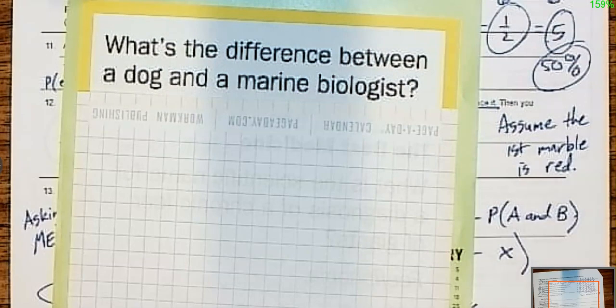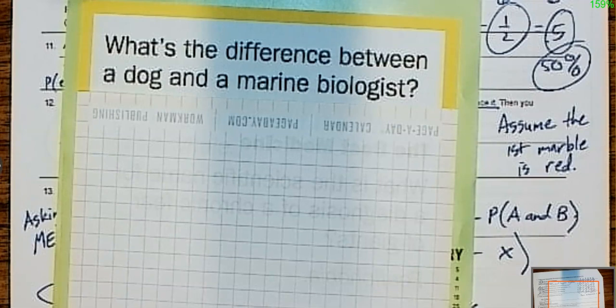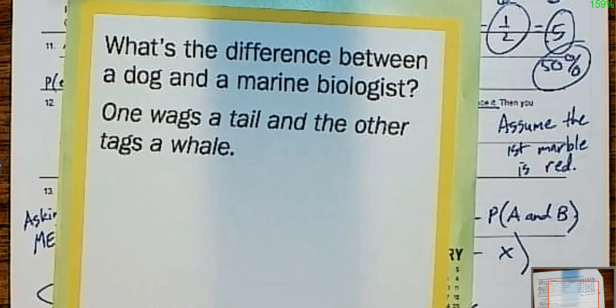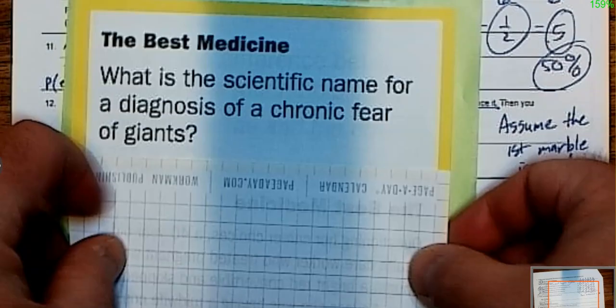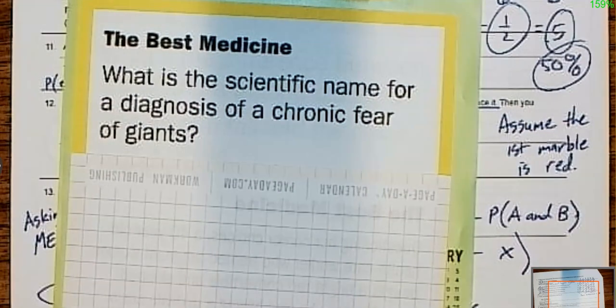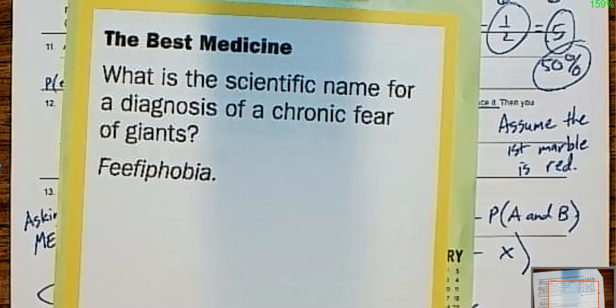What's the difference between a dog and a marine biologist? One wags a tail, the other tags a whale. What is the scientific name for a diagnosis of a chronic fear of giants? Chronic giant phobia.